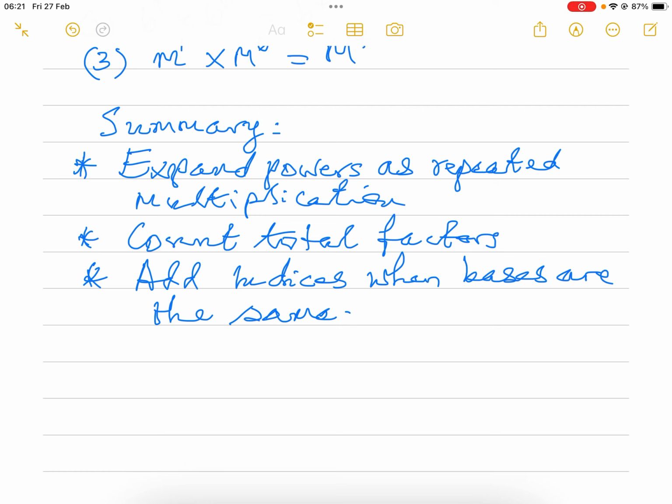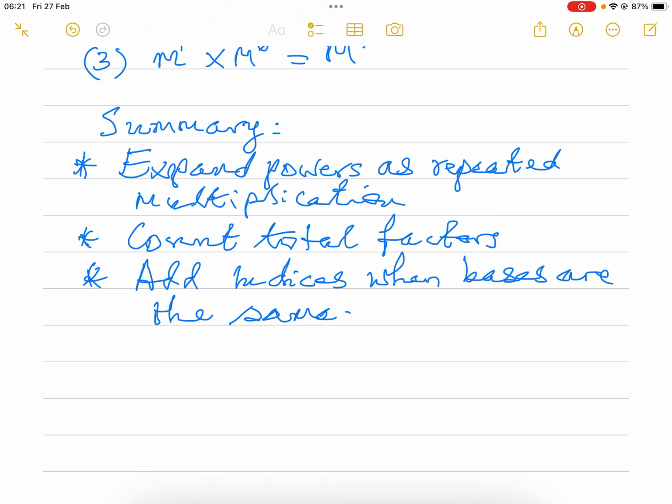This rule will make future questions much faster.